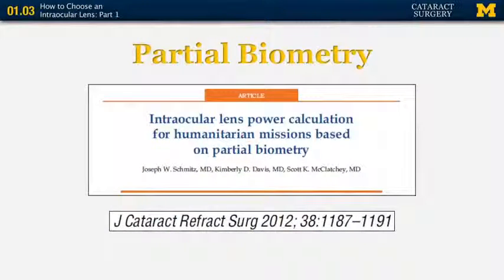Here we go. If you have partial biometry measurements, so you're entering a country and they take away one of your units, what do you do? There was a nice paper that came out in 2012 by a group from the United States Navy.